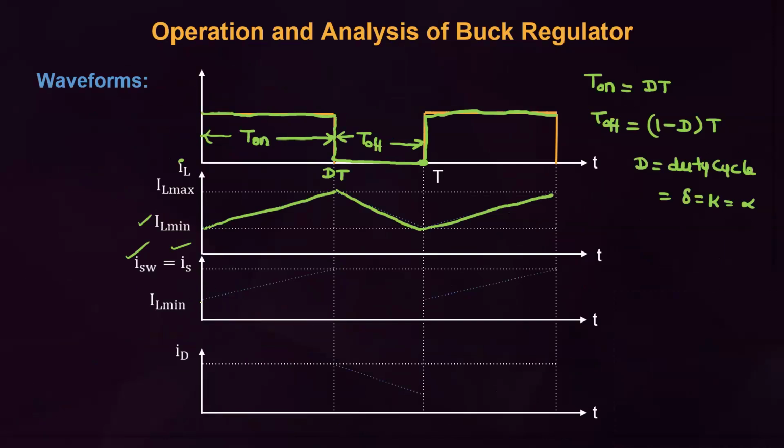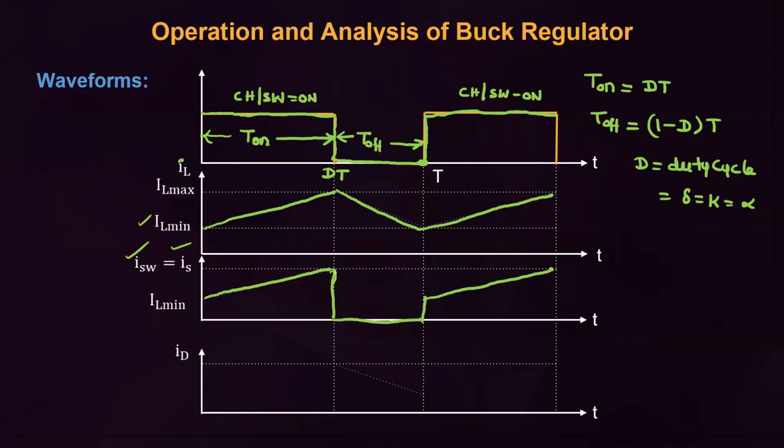If the chopper or switch is on, then only the switch current exists. If the chopper is off, is there any switch current? No, there is no current through the switch. Again, when the switch is on, current passes through the switch.